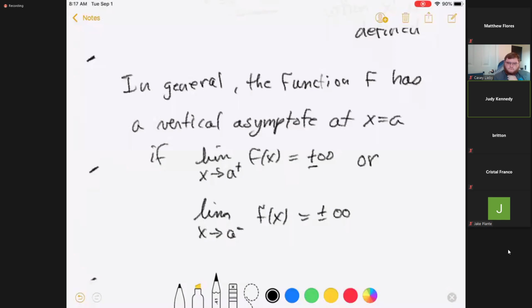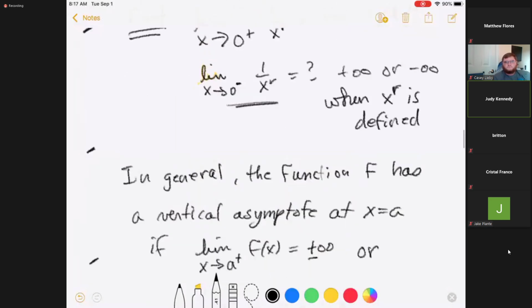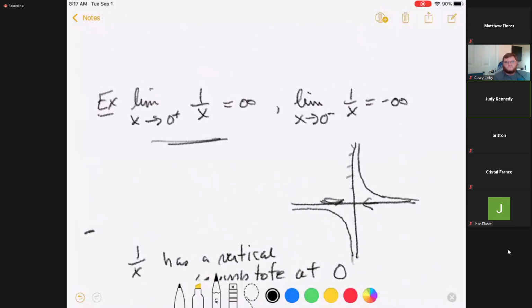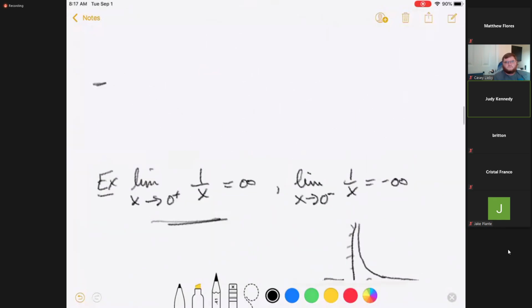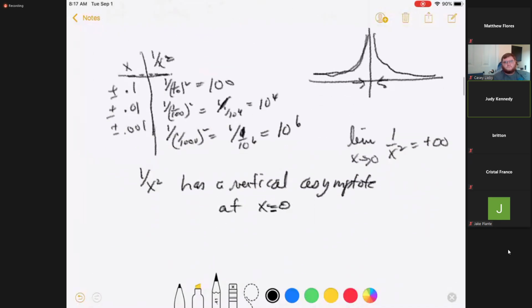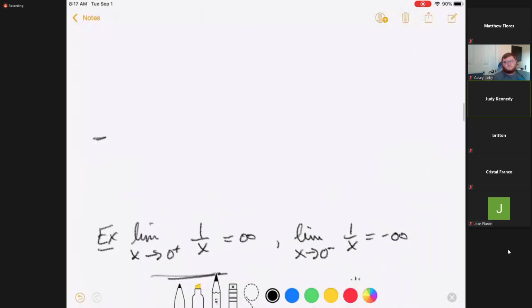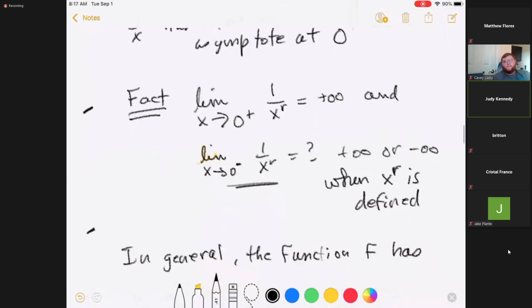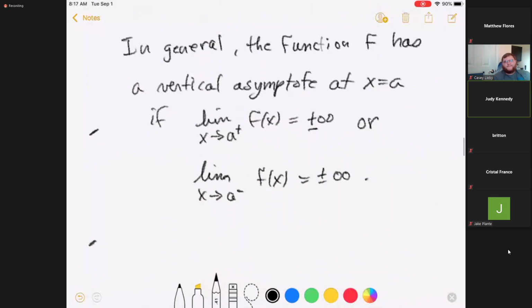If one of those one-sided limits is either plus infinity or minus infinity, f has a vertical asymptote at that number, okay? And for these two pictures, x equal to 0 is the vertical asymptote. But it can be more complicated than that too.